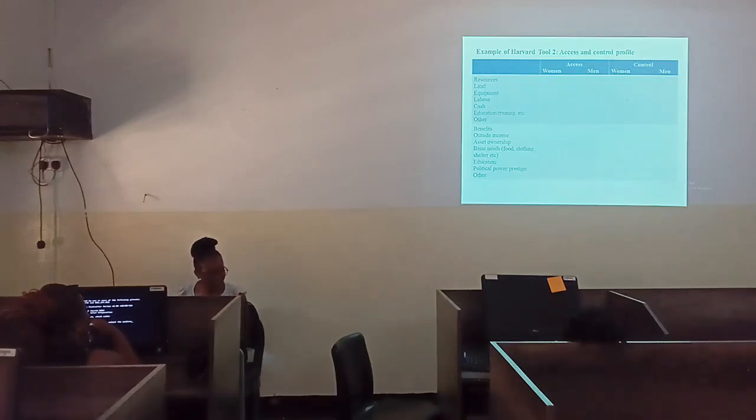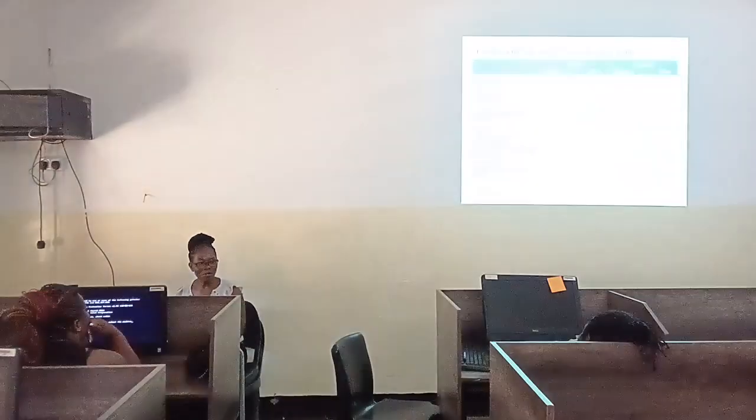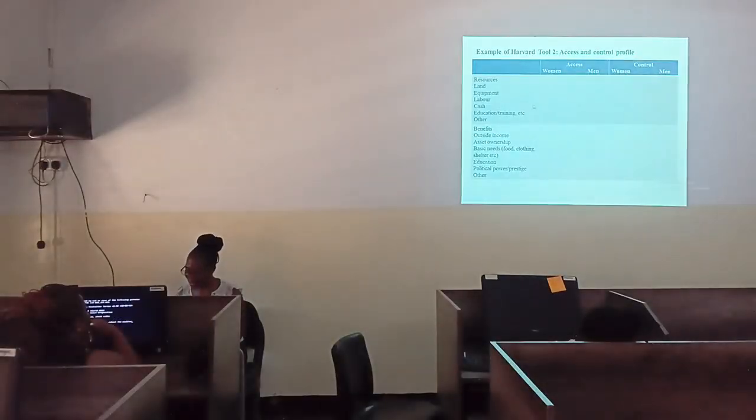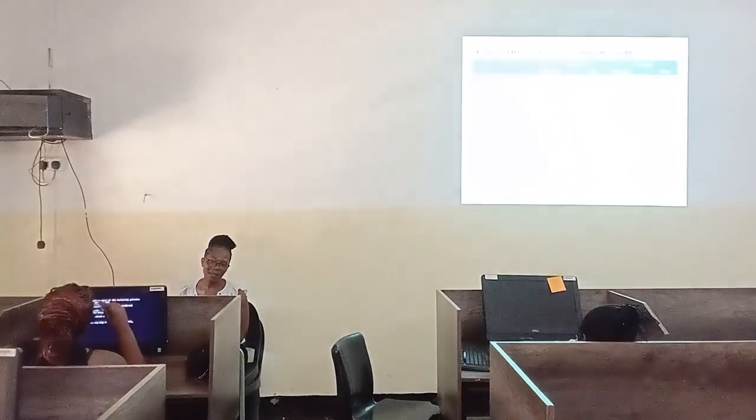So what factors influence them to have only access or no control? So that's what we'll be looking at. Maybe they should have access to cash, but they should not control the cash.